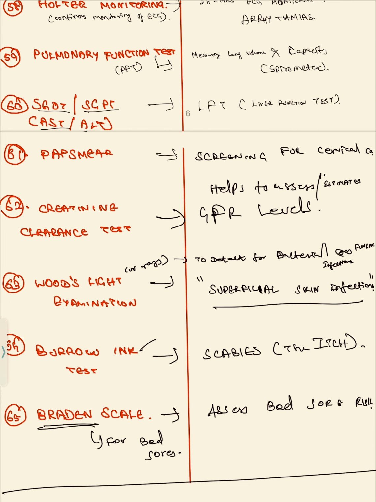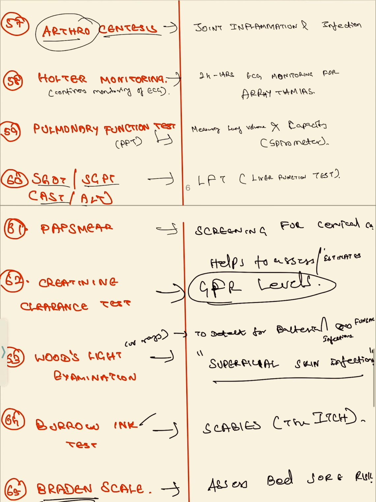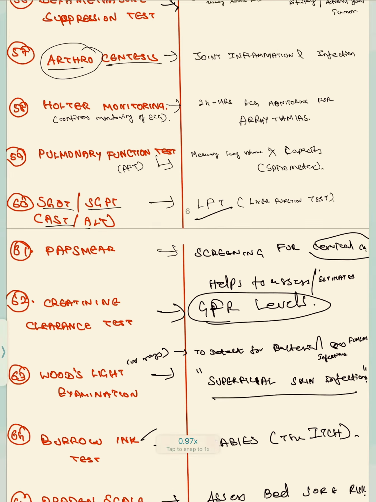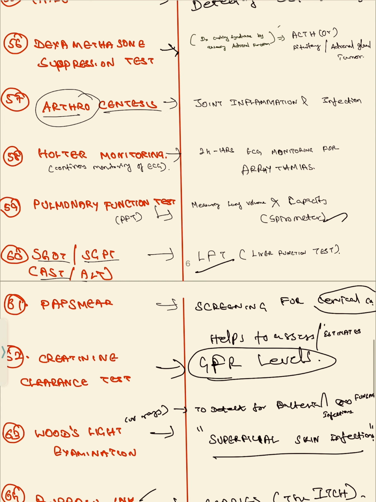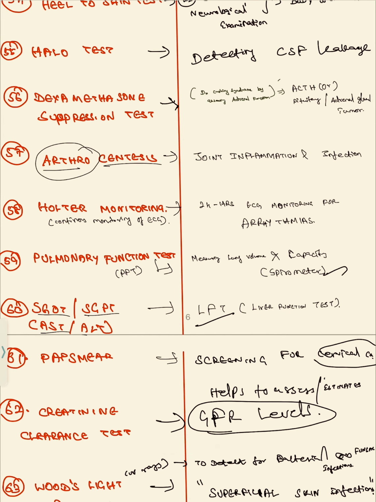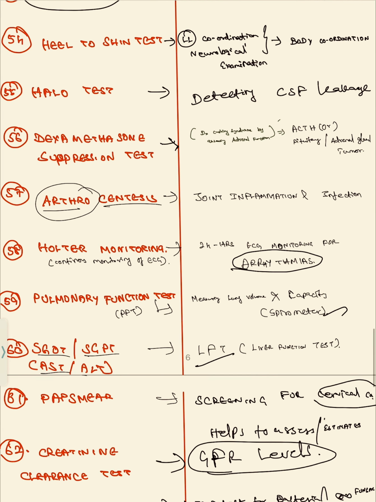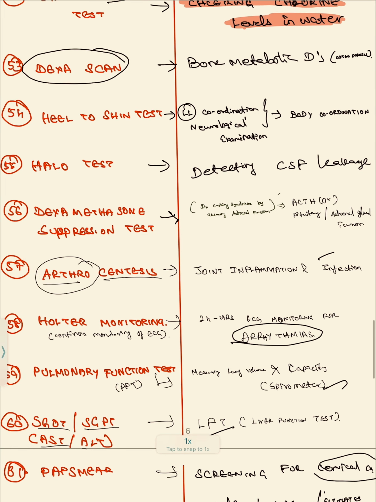Creatinine clearance test, GFR levels. Pap smear for cervical cancer. SGPT, SGOT, AST, ALT, liver function test. PFT, spirometer. Holter monitoring, 24-hour ECG monitor for arrhythmias. Arthrocentesis, joint inflammation and infection. Dexamethasone suppression test is for Cushing syndrome diagnosis, adrenal gland tumor and pituitary ACTH.